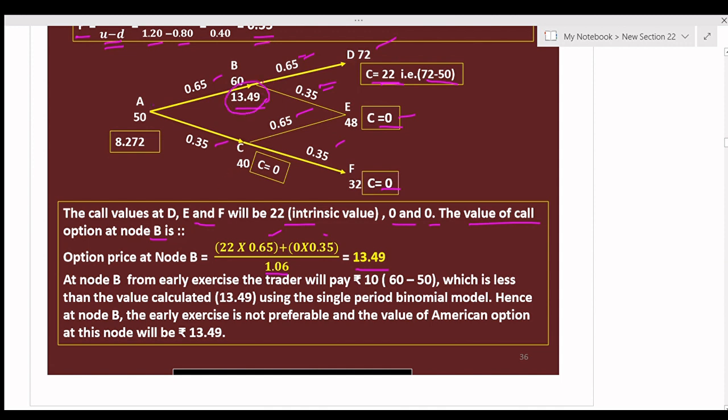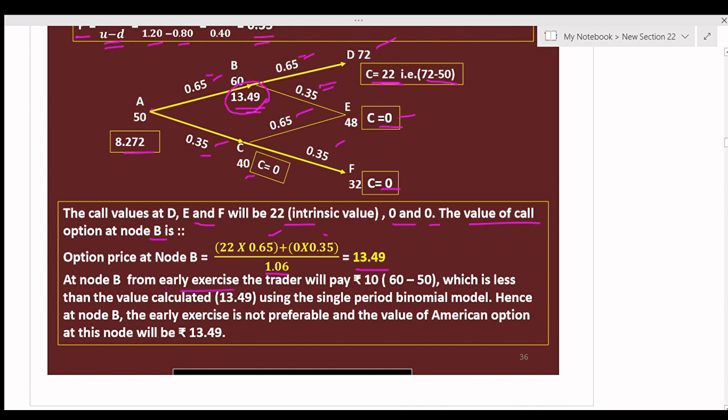And here at point A, it will be 13.49 into 0.65 plus 0 into 0.35 divided by 1.06, you will get 8.272.